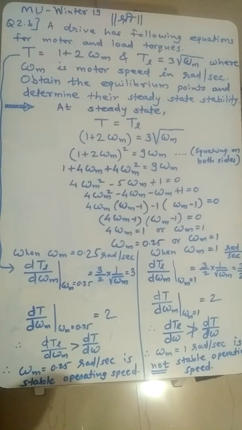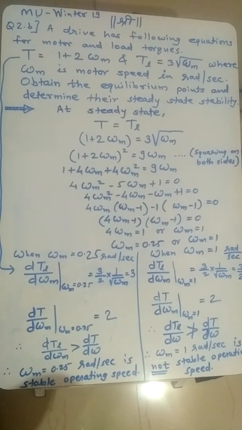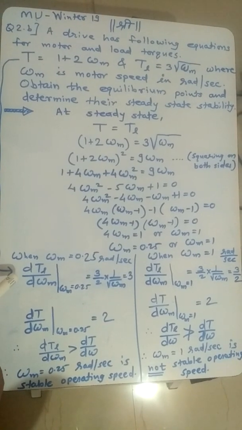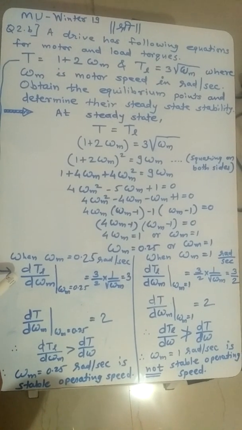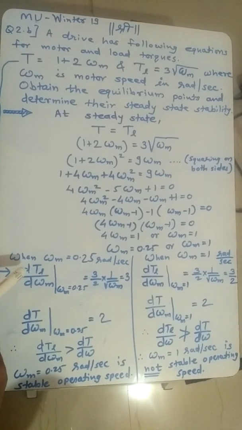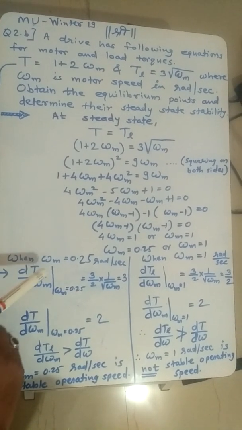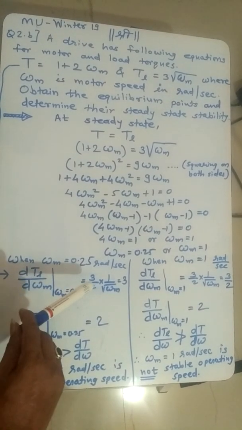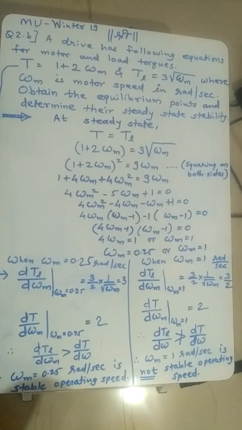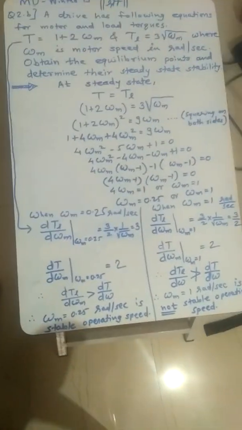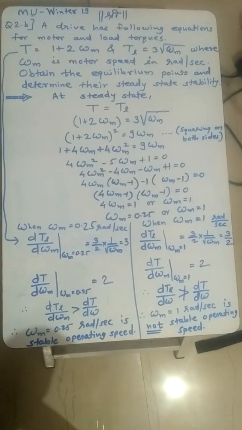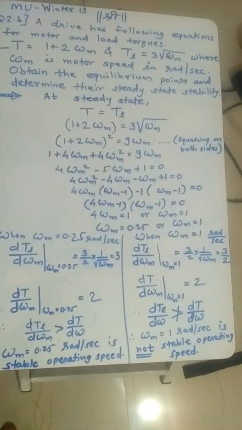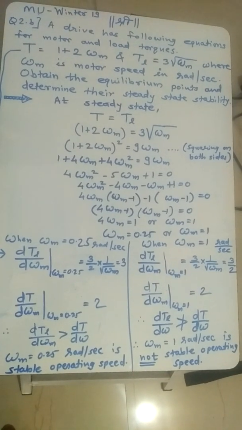To check their validity, we'll consider first omega m is equal to 0.25. I'd first differentiate the load torque with respect to omega m, because dTL divided by d omega m, when evaluated at omega m is equal to 0.25, I get it is equal to 3. Similarly, when I differentiate the motoring torque, dT by d omega m at omega m is equal to 0.25, I get its value as 2.